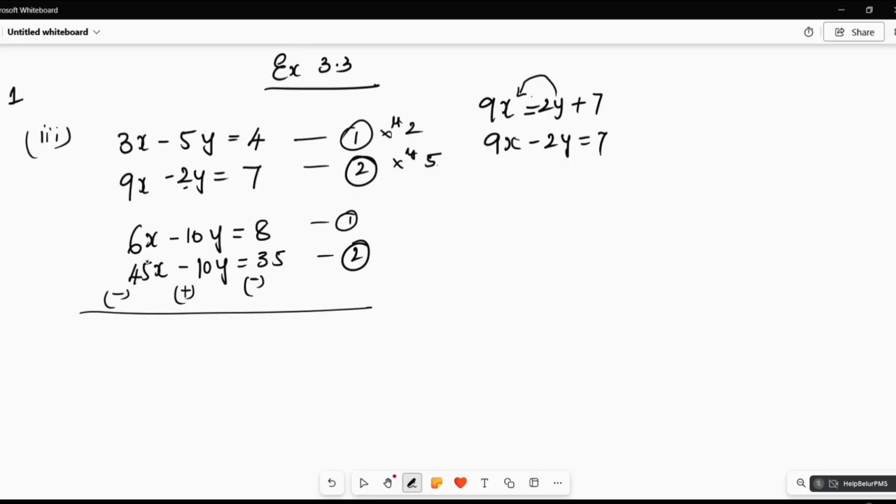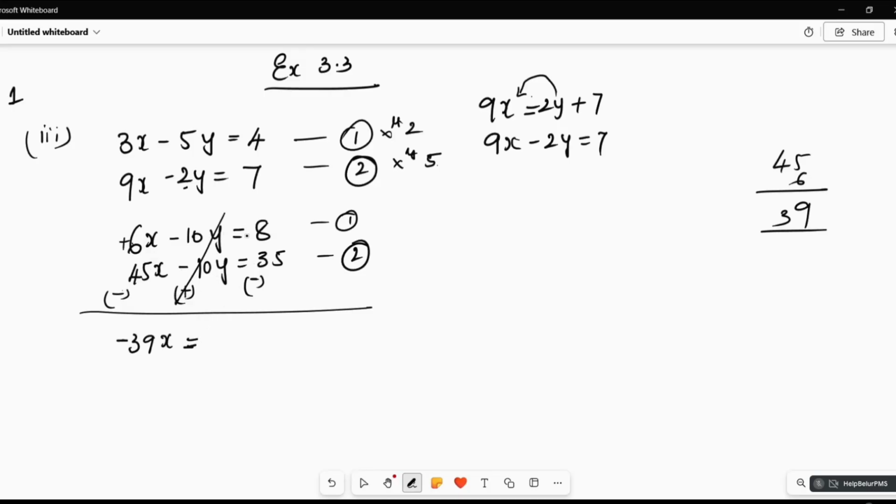So if I add these two equations, I will get minus 45 plus 6, which is minus 39x, and minus 10y plus 10y will be 0.